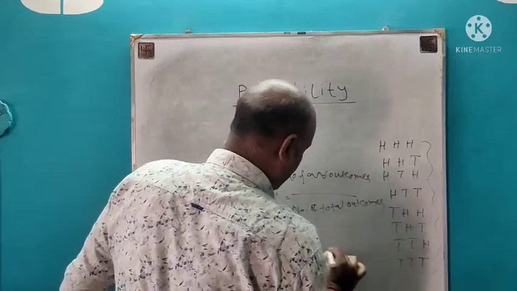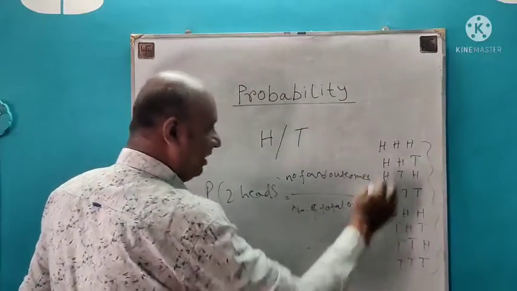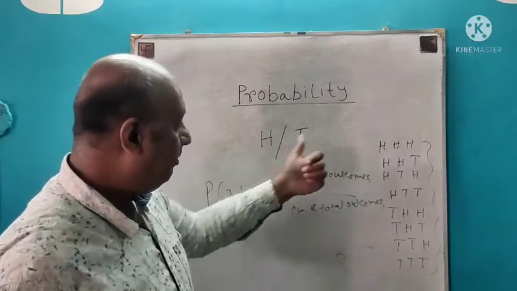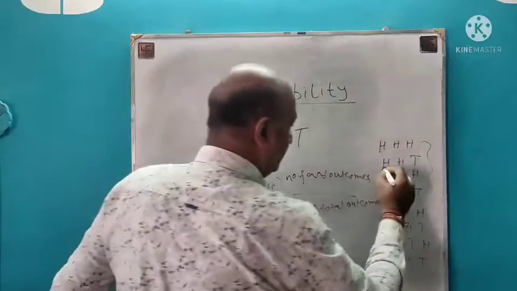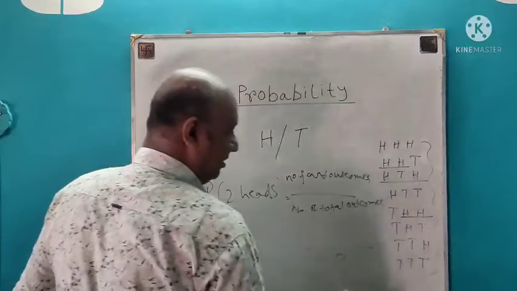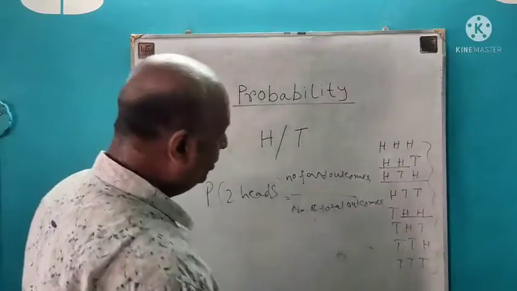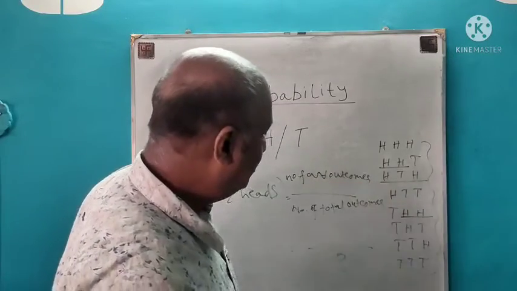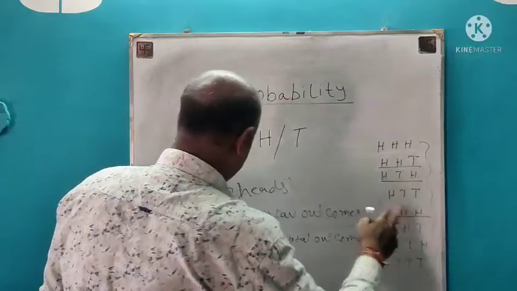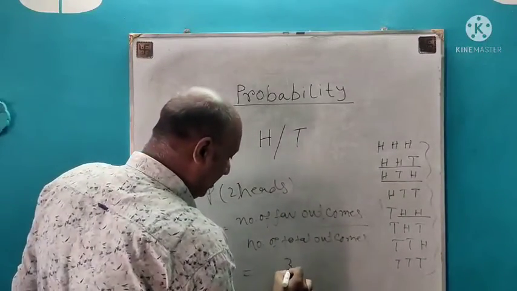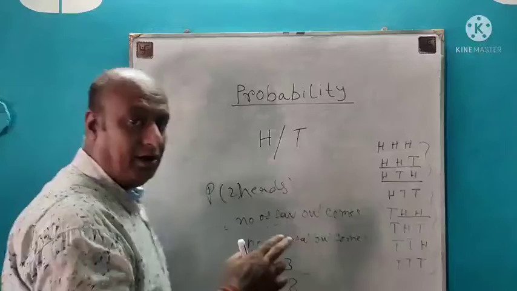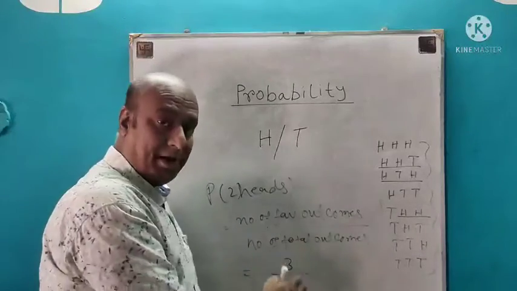So here the total outcome is 8 that we have already counted. Now let's check 2 heads. How many ways can 2 heads come? This is 2 heads, this is also 2 heads, this is also 2 heads. There are no more 2 heads. So only 3 different ways 2 heads can come. So the number of favorable outcomes to get 2 heads is 3, and the number of total outcomes is 8. So our probability of getting 2 heads is 3 by 8.